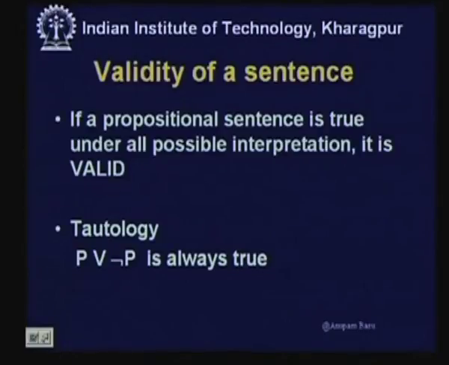A propositional sentence is said to be valid if, under all possible interpretations, it is true. Okay? If a propositional sentence is true under all possible interpretations, then it is called valid. So irrespective of the world in which you interpret it, if the propositional sentence always evaluates to true, then it is a valid proposition.